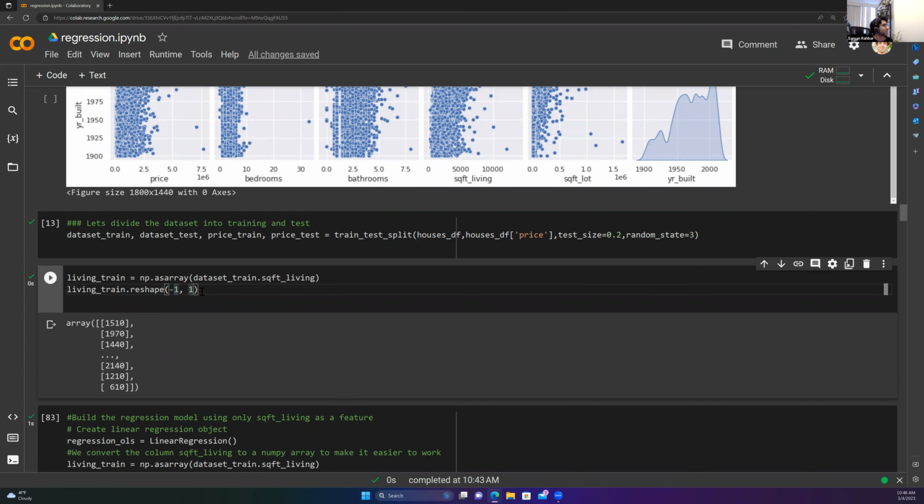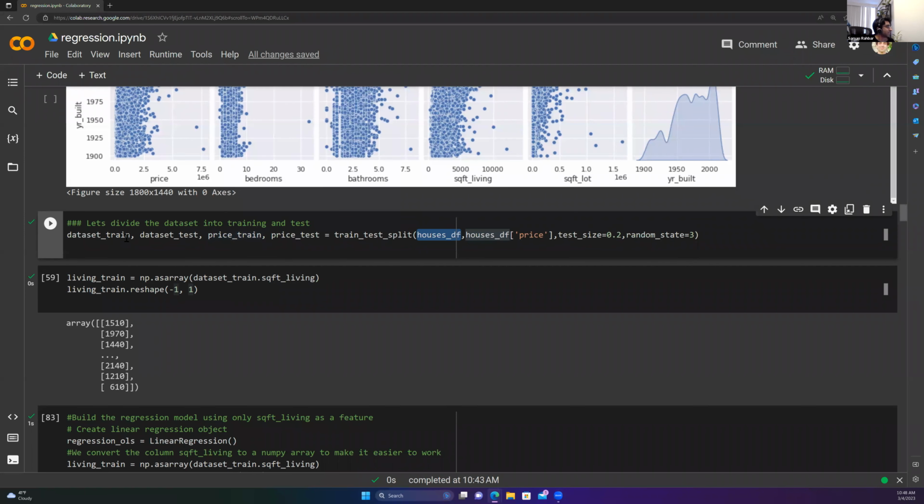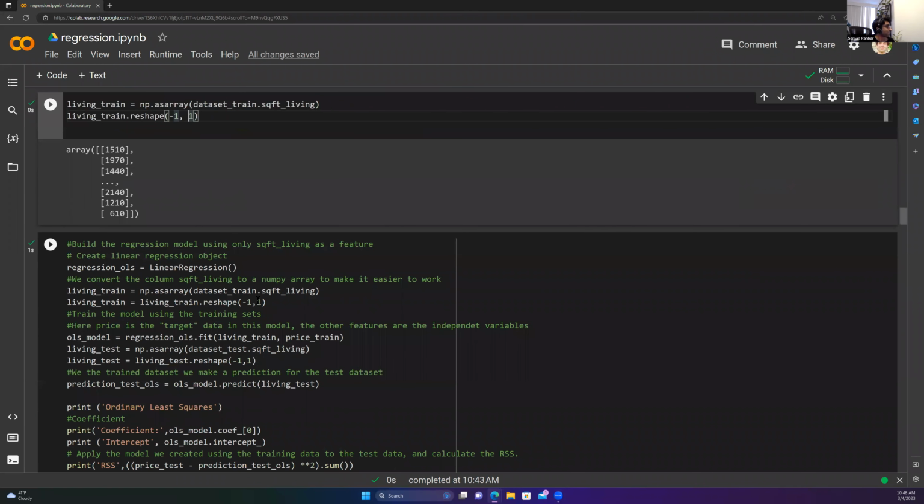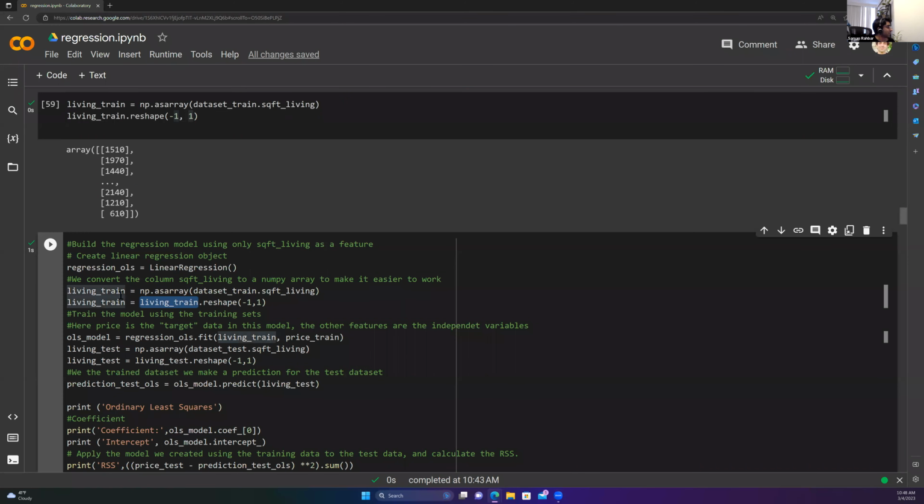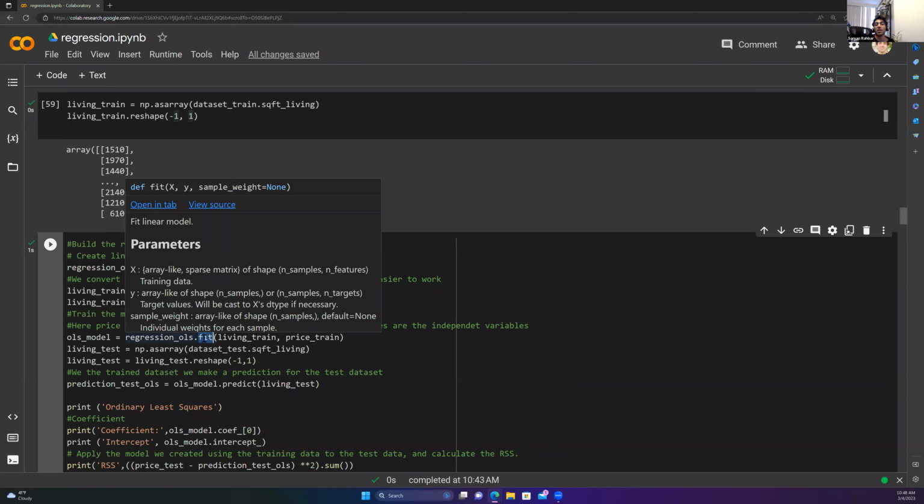The same with prediction, the same with the label. Why? As you play around with the Jupyter Notebook, once you create your train set and test set, if you fit it directly to this fit function, it will give you an error.